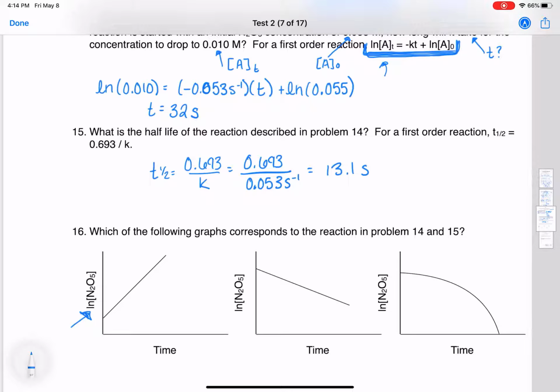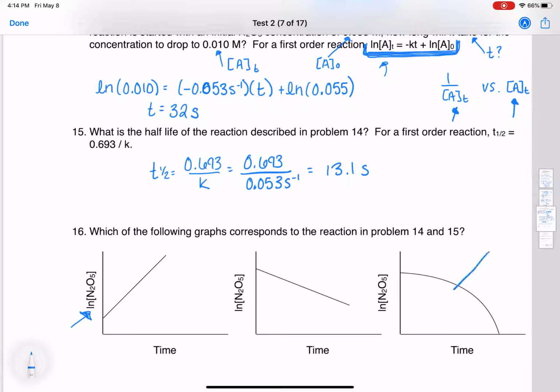One of them is a natural log. One of them is 1 over something. And one of them is just the concentration of something. And for each one of these unique graphs, we will get a straight line when we've graphed the data correctly based on the type of the rate law.